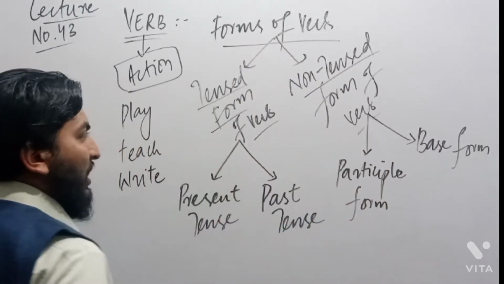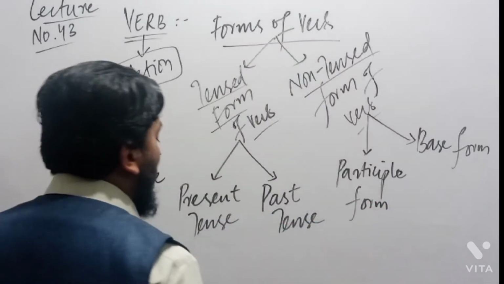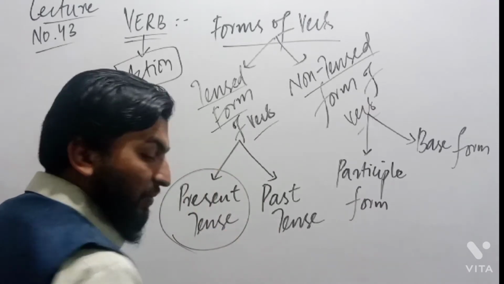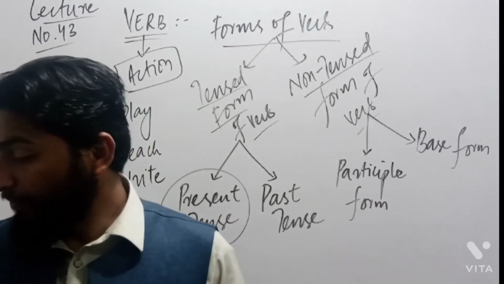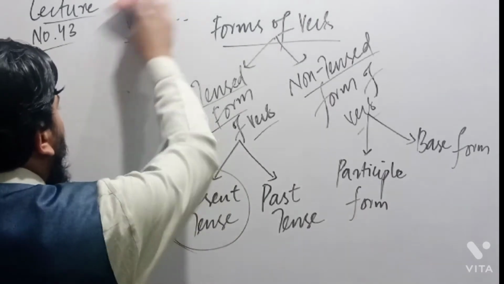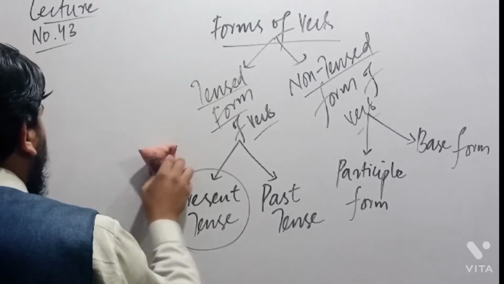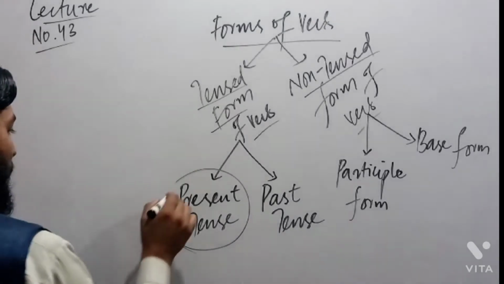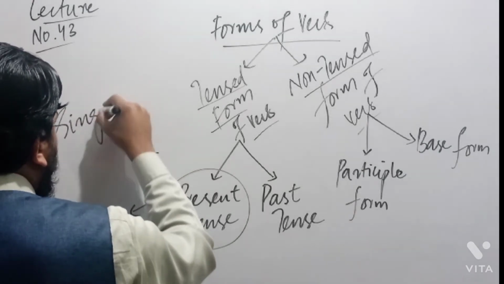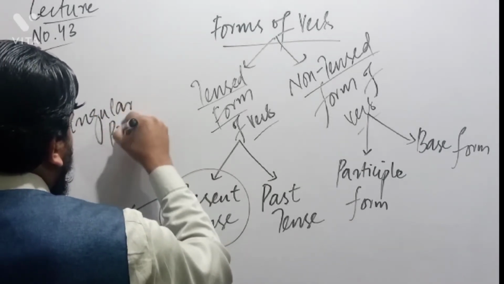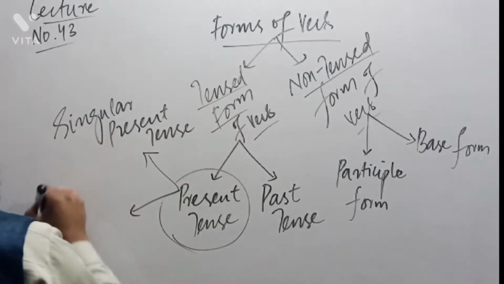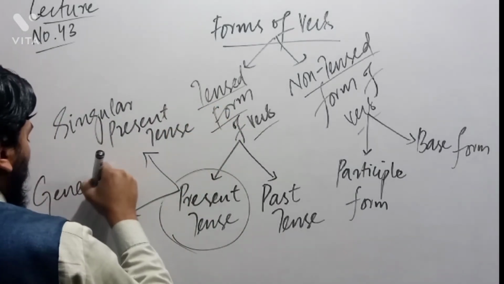When I say tensed form of verb, it means that the first one is present tense. Present tense is divided into two more subparts: singular present tense and general present tense.